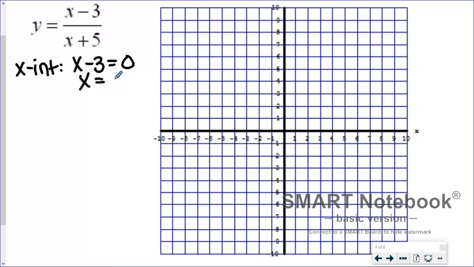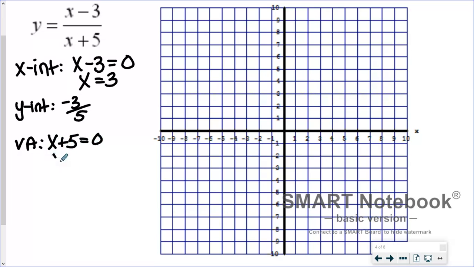So in this case, it's very easy. 3 is my x-intercept. To find our y-intercept, we plug 0 in for x, and in this case, we will get negative 3 over 5. Very easy there. All right, to get vertical asymptotes, we can set the denominator equal to 0 and solve. So x equals negative 5.